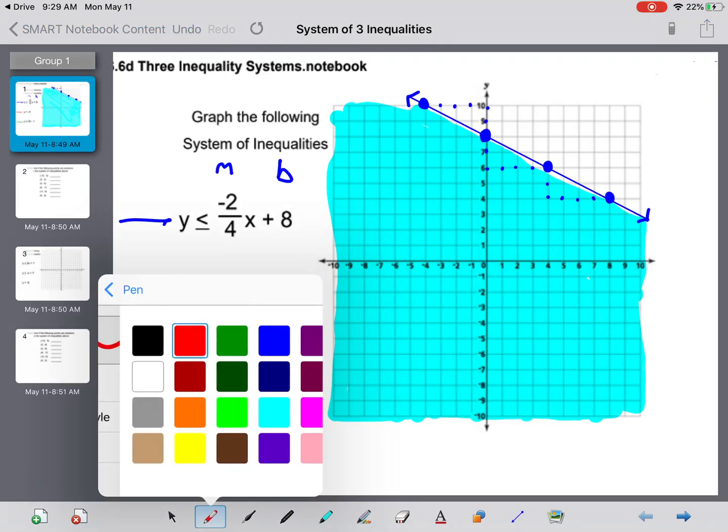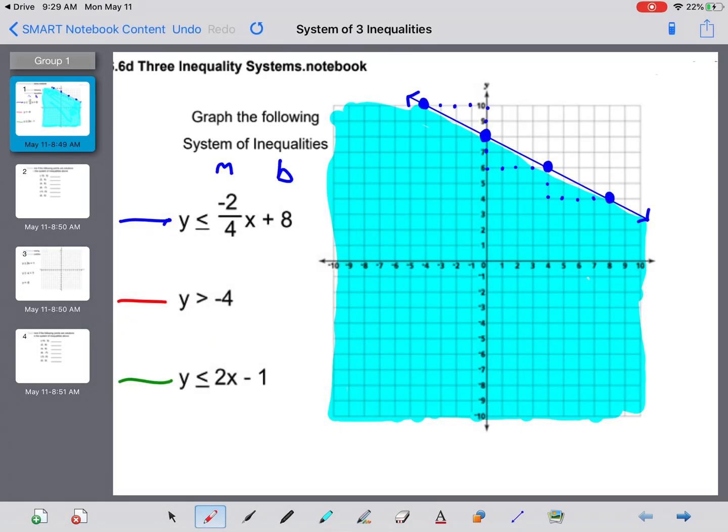So there's your first inequality, graphed, shaded, correct line type, and we're going to move on to the red one.